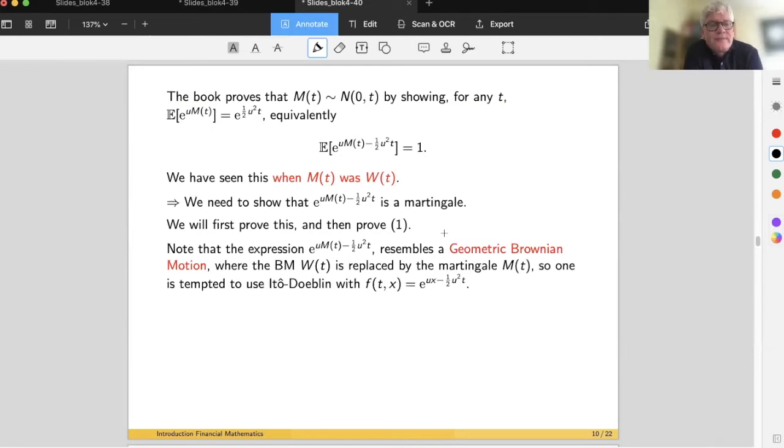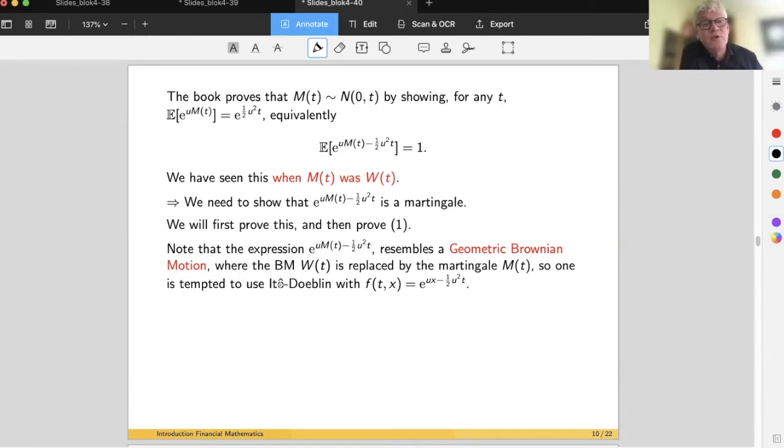Now note that the expression we are dealing with under the expectation sign, e to the u M_t minus 1/2 u squared t, resembles a Brownian motion, but the Brownian motion W_t is replaced by the martingale M_t. So again, in order to show that we're dealing with an Ito integral, of which we know that it is a martingale and it has mean 0, we show this with the help of Ito-Doeblin.